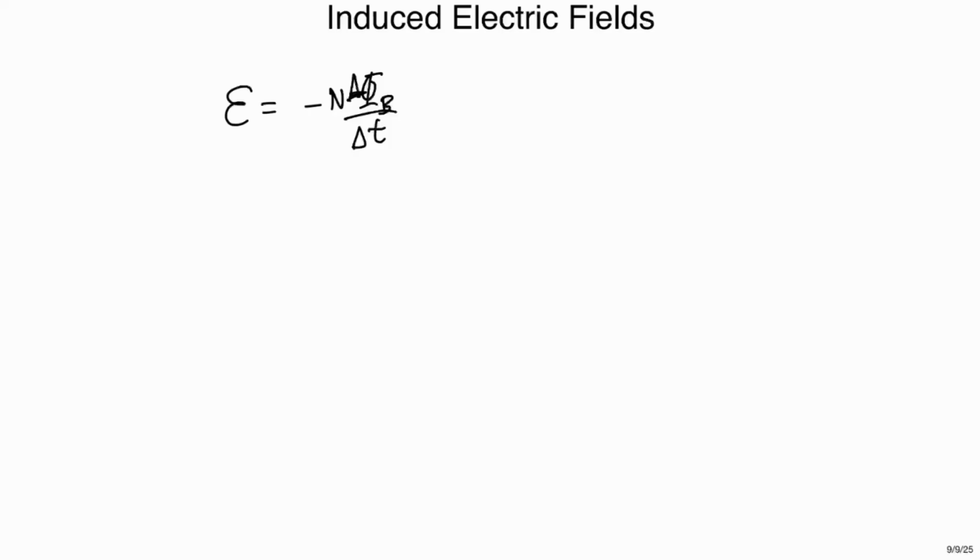So that voltage, that EMF that's being produced in Faraday's law of electromagnetic induction, is a circular voltage. It's going around a loop of some kind. It could be a square loop, it could be a circular loop. I don't care what shape it is, but a circuit is being completed. And in order for that circulation to happen, the electric field that is associated with that voltage has to be circular also.